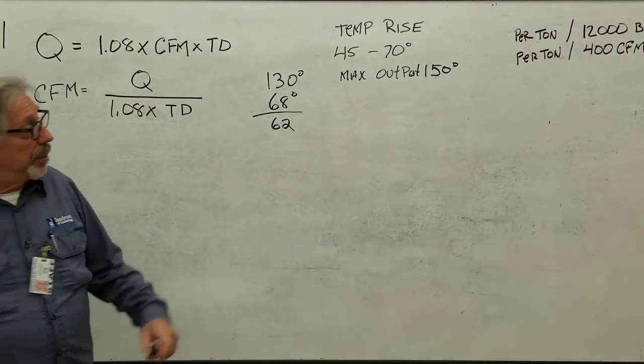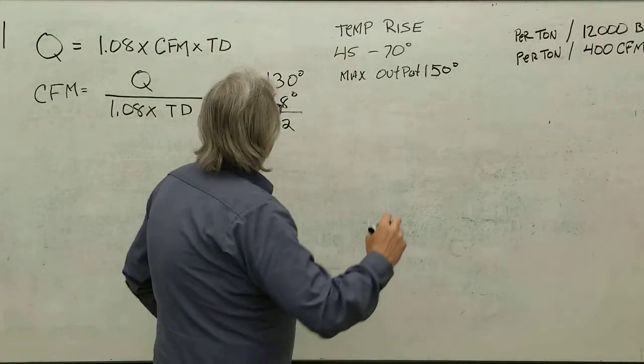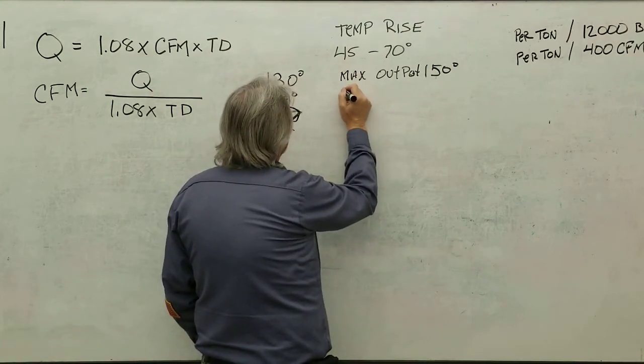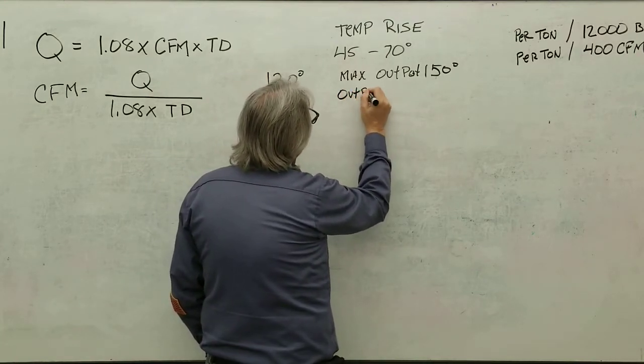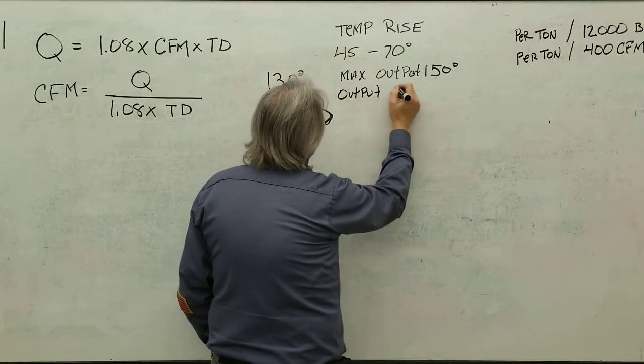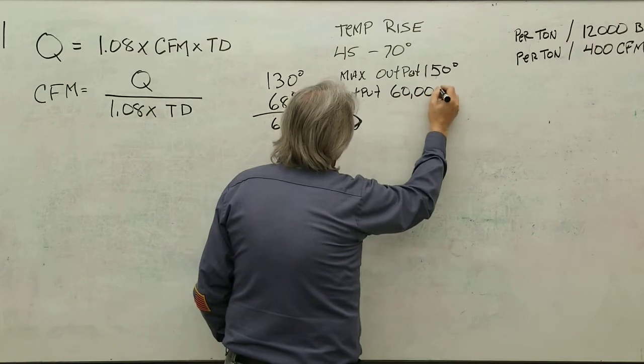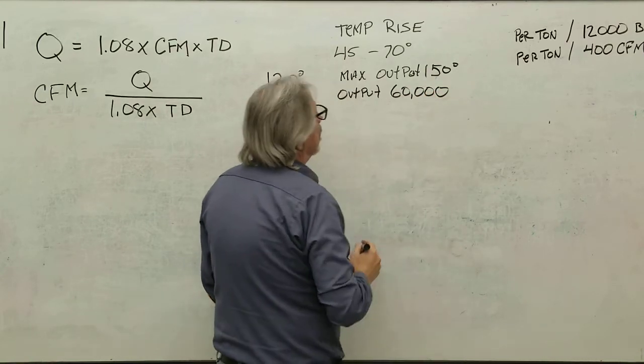On the data plate, you're also going to see output, your BTUs, and we'll just say, for instance, a 60,000 BTU furnace.